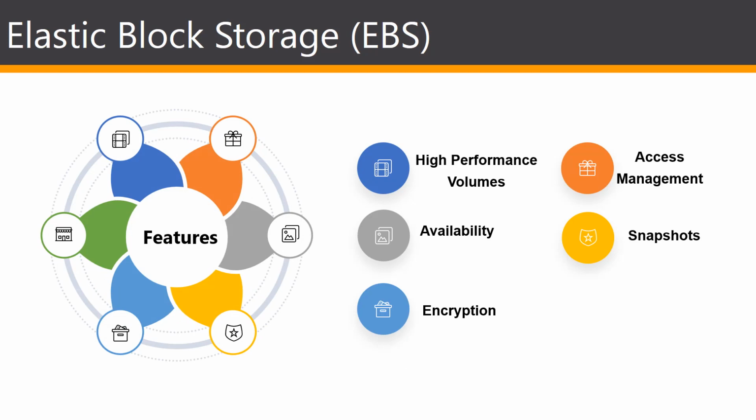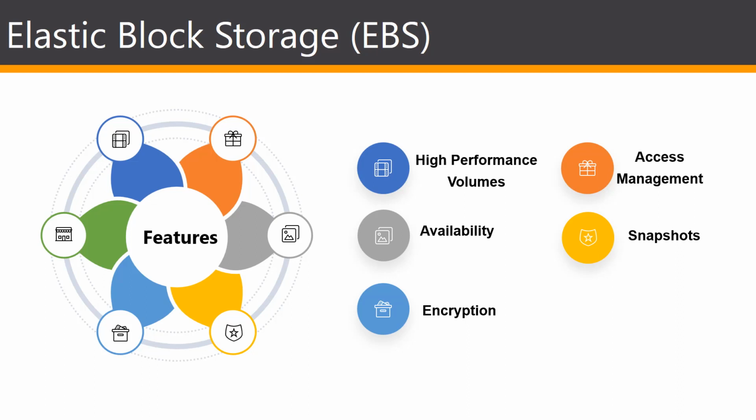Now EBS provides persistent block storage volumes for use with EC2 instances in the cloud. Each Amazon EBS volume is automatically replicated within its availability zone to protect you from component failure, offering high availability and durability. The EBS volumes offer the consistent and low latency performance needed to run your workloads.